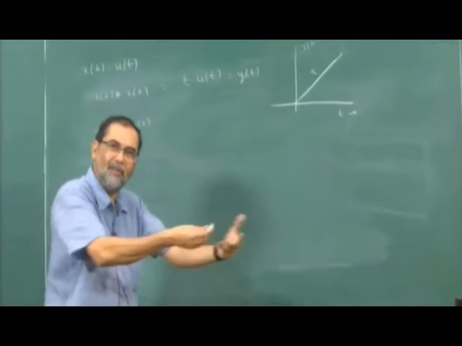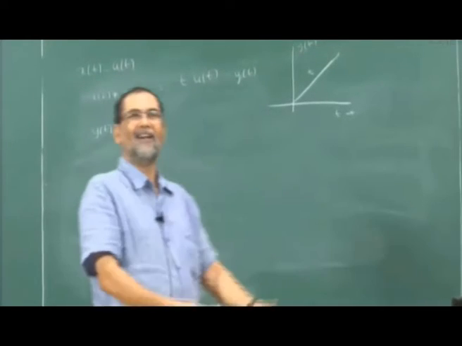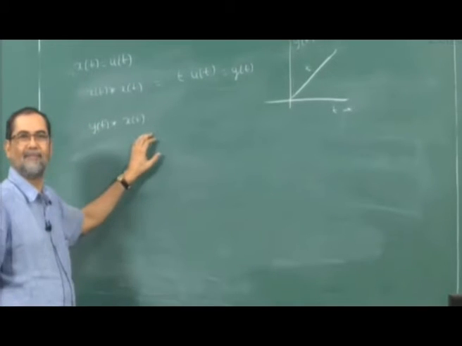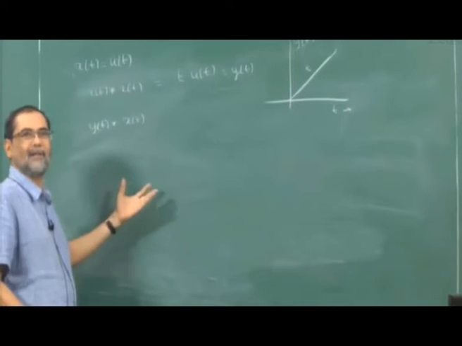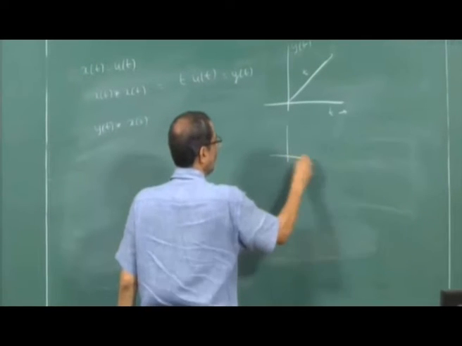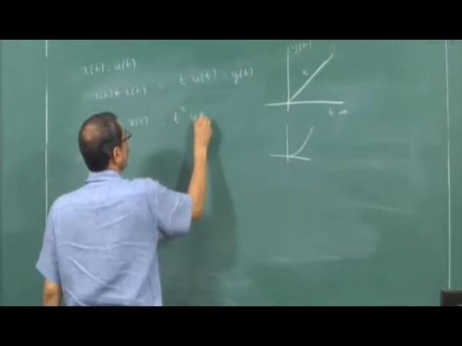Then if you carry out the operation sequentially once again, y of t with x, what will happen? I think it becomes t square. It becomes a paraboloid function. This probably becomes t square u of t.